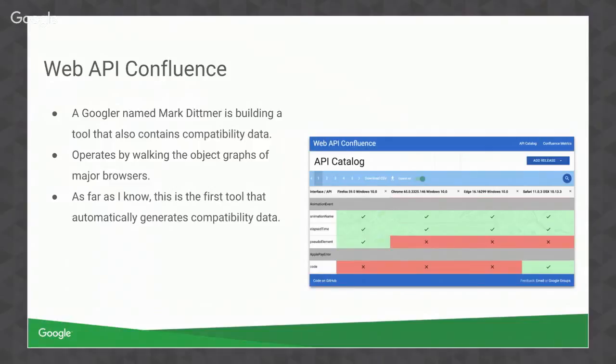What's interesting about Mark's tool is that he has a process that actually launches browsers, not just Chrome, but all browsers, and walks the object graph on all of those browsers to find out where things are supported. As far as I know, this is the first tool anybody's ever built to generate compatibility data automatically.